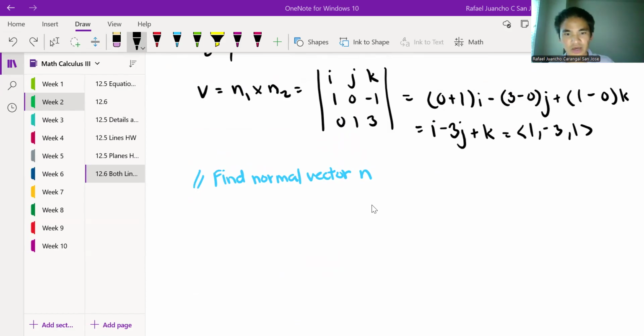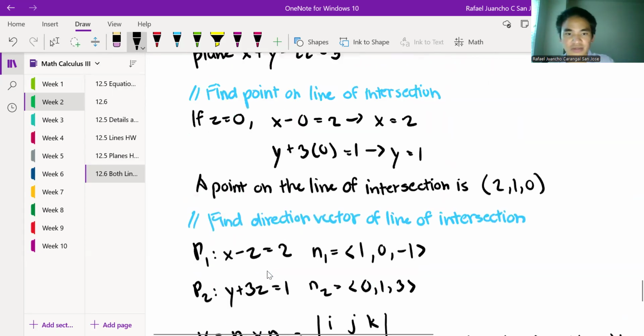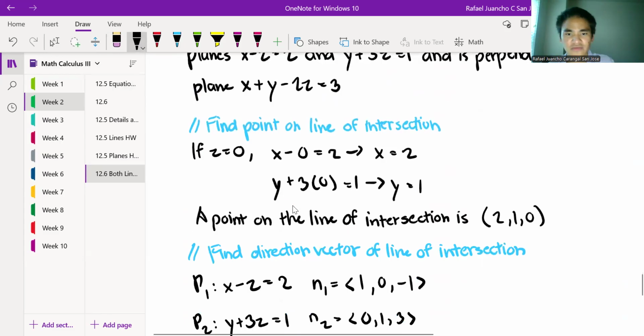So that's where our direction vector comes into play. Oh, okay. That's smart. So let's say n3, the normal vector of the third plane, is, based on here, 1, 1, -2.